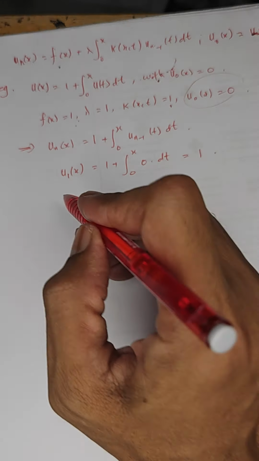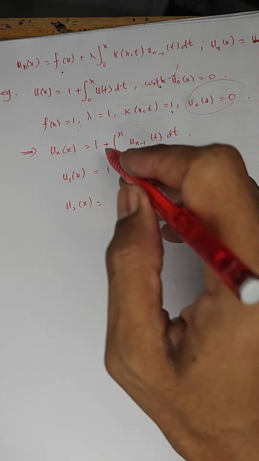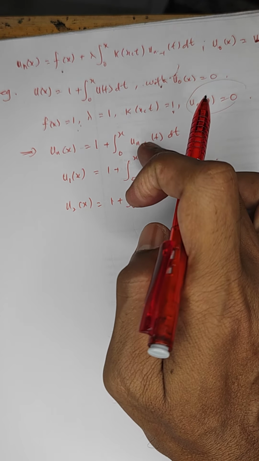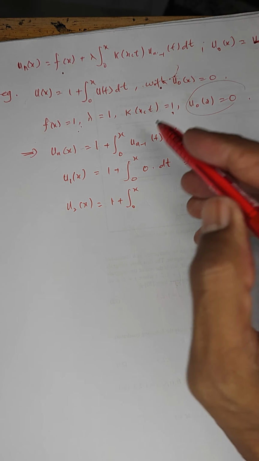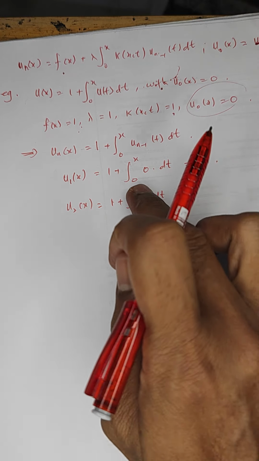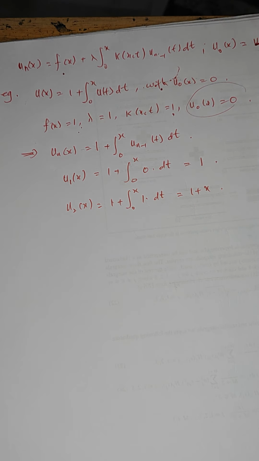Okay, and then for u2(x), that gives you 1 plus the integral from 0 to x of u1, so u1 is 1, so we have 1 dt, and that gives you 1 plus x.